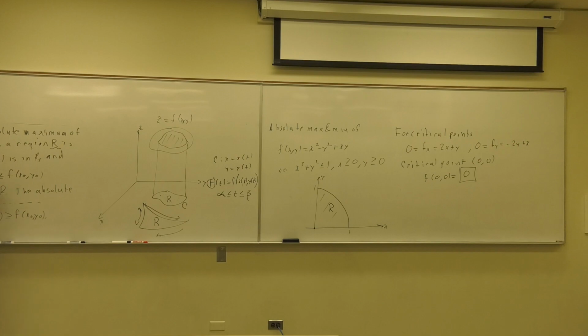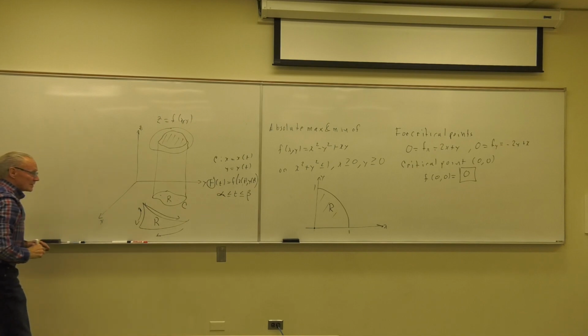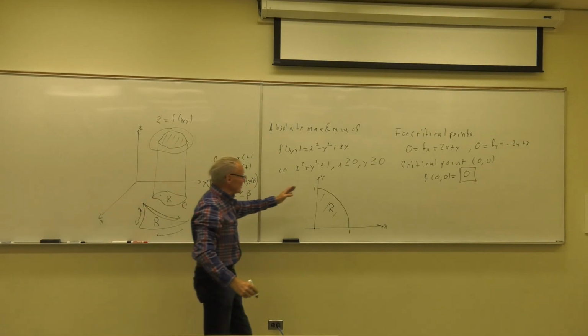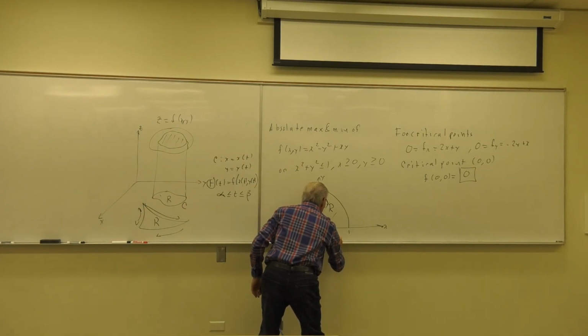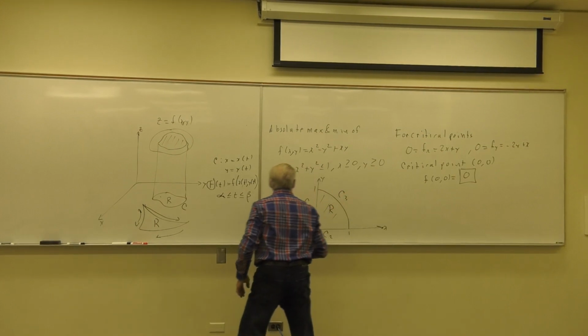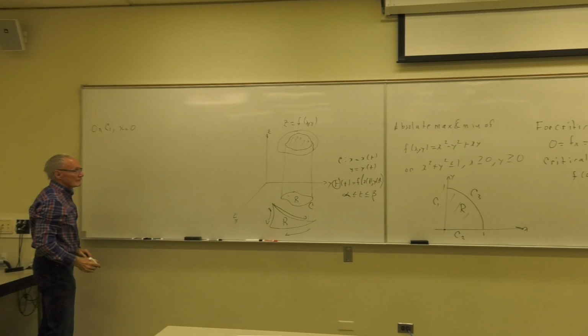So now let's go to the edge. That's what our theory a minute ago said. Go to the edge and find the biggest and smallest value on the edge. But not one edge, we've got 3 edges. Let's call that one C1, let's call that one C2, and let's call this one C3. So on C1, we have x equal to 0.